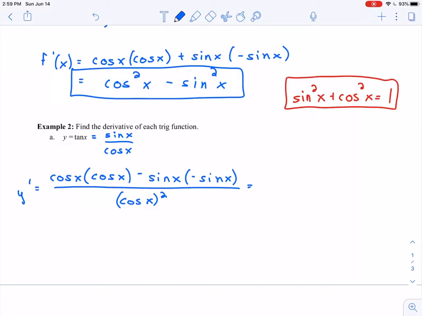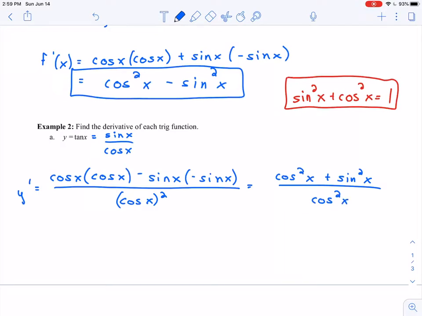So cosine of x times cosine of x, I should have cosine squared x. Here I have a negative times a negative, that'll be a positive, so plus sine squared x divided by, we don't usually write this as cosine of x squared, more commonly we'll see that as cosine squared x.